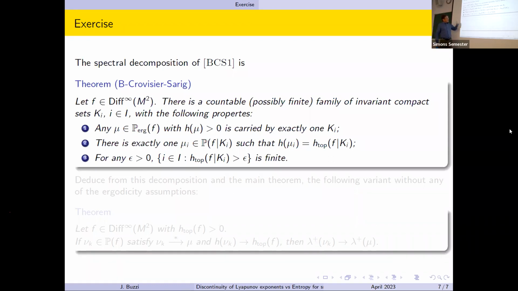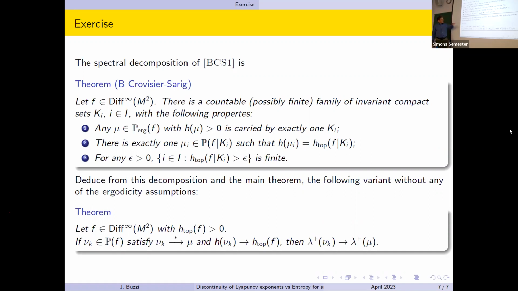Okay, that's the first thing. Each Ki has a unique measure that maximizes the entropy in itself. Okay, and you have this kind of quasi-finiteness. If you fix a positive threshold, the number of Ki that have topological entropy bigger than that threshold is finite.